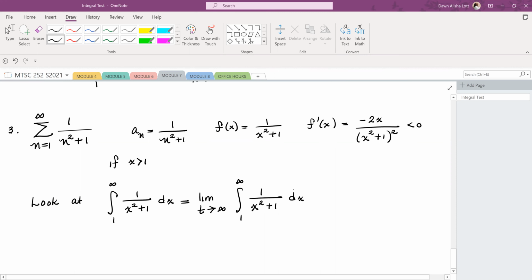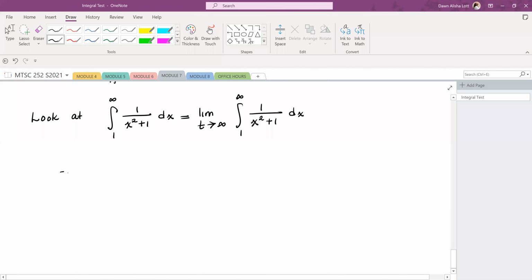Now we did this integral before, something similar to it. And then when I integrate that, what do I get?